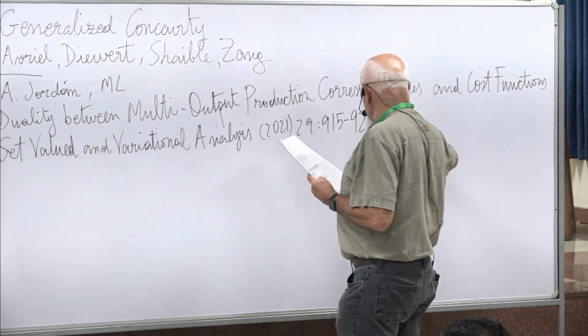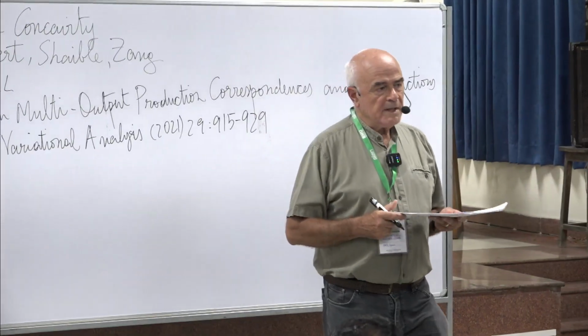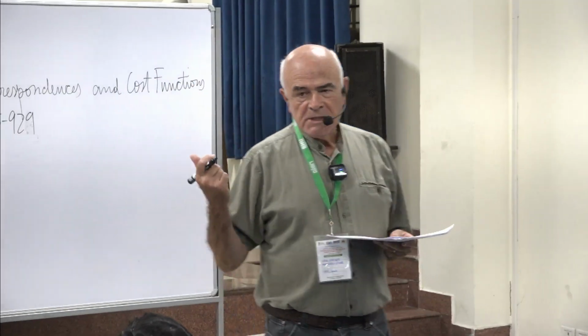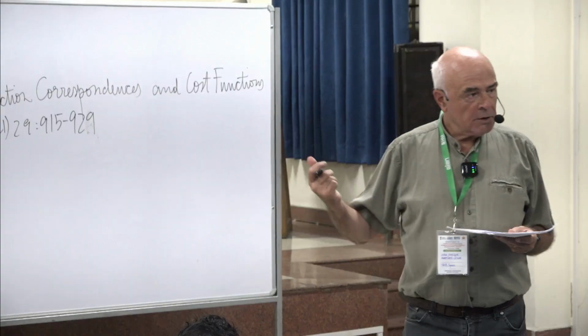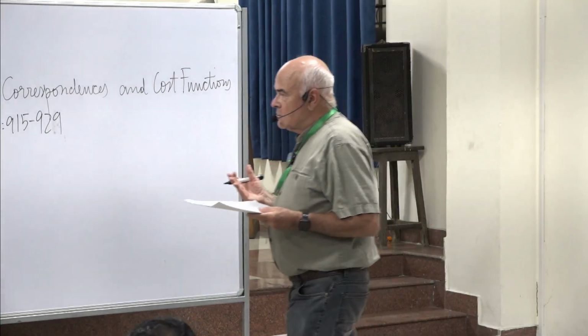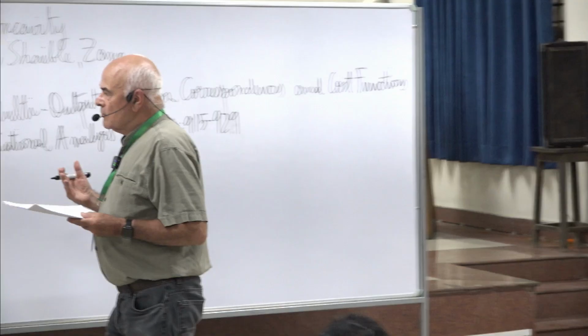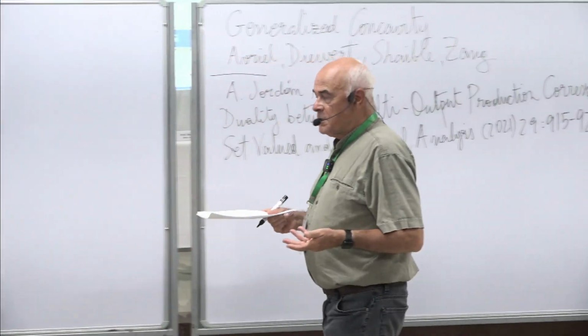So in this paper, we basically did what I'm going to present, but in the multi-output context. But it's not so difficult to make this extension, but of course, it's more complicated.